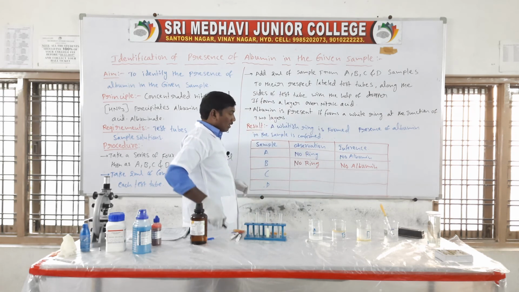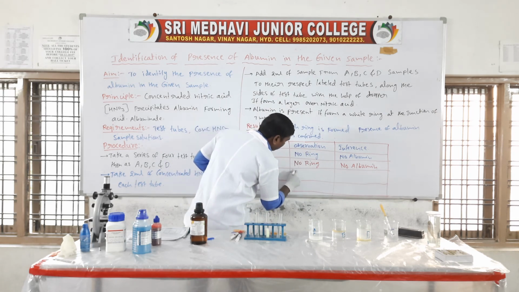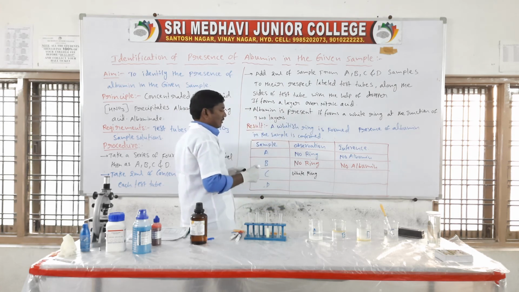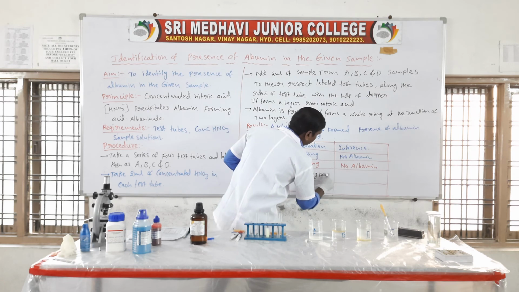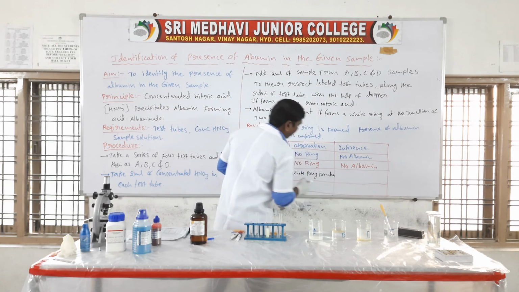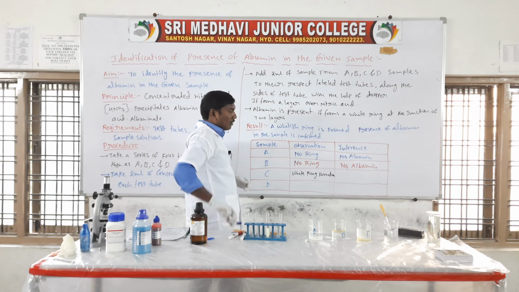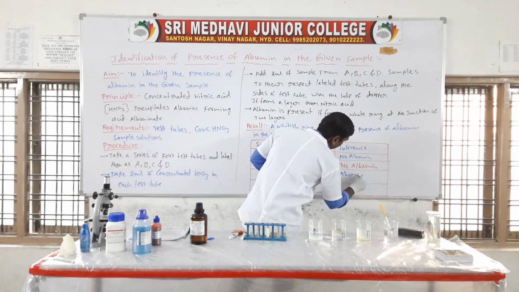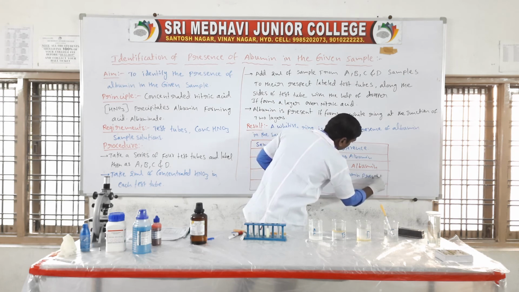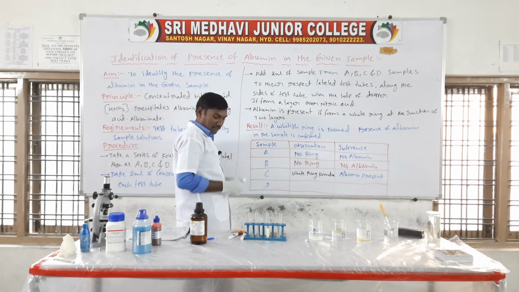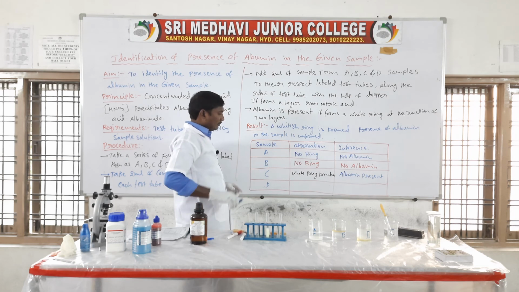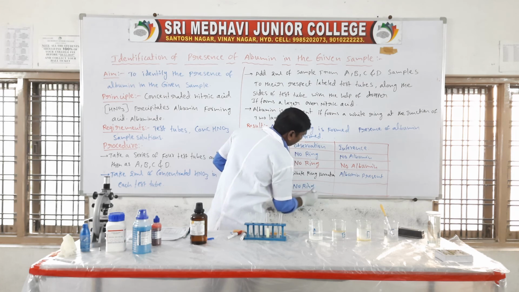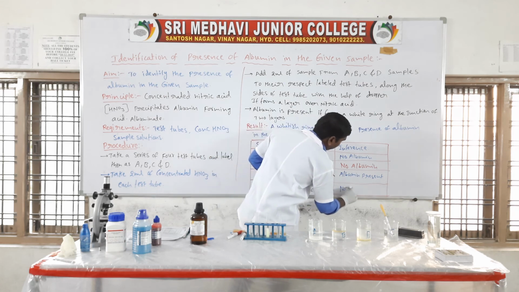Sample C: a white color ring formation, so albumin present. Sample D: no ring formation, no albumin.